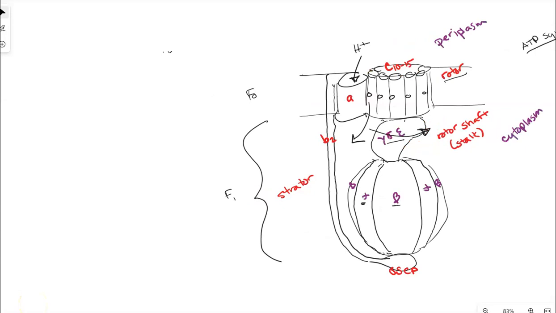So these alpha beta units are catalytic sites, which are responsible for making the ATP. And the catalytic sites of ATP synthase adopt 3 different conformational structures. The F1 structure appears at first to be a symmetrical hexamer of alpha beta subunits. So there's 6 of these subunits in the catalytic zone, and they alternate alpha beta.